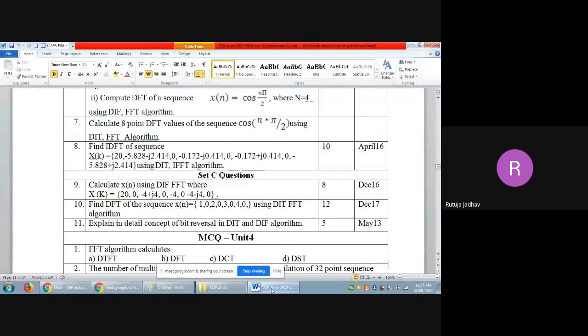If the input is in frequency domain, in x of k format, the output we get is in bit reversal order, and the output we get is x of n. So what is the benefit of calculating the IDFT here? Yes sir, now got it. Please don't get confused by the questions. Read the questions carefully, and do only what is asked. Is everyone clear on this?